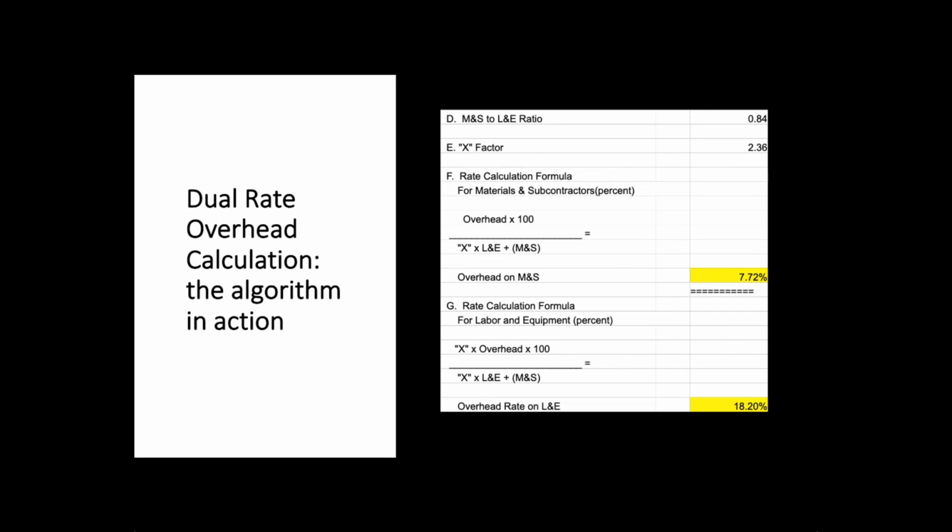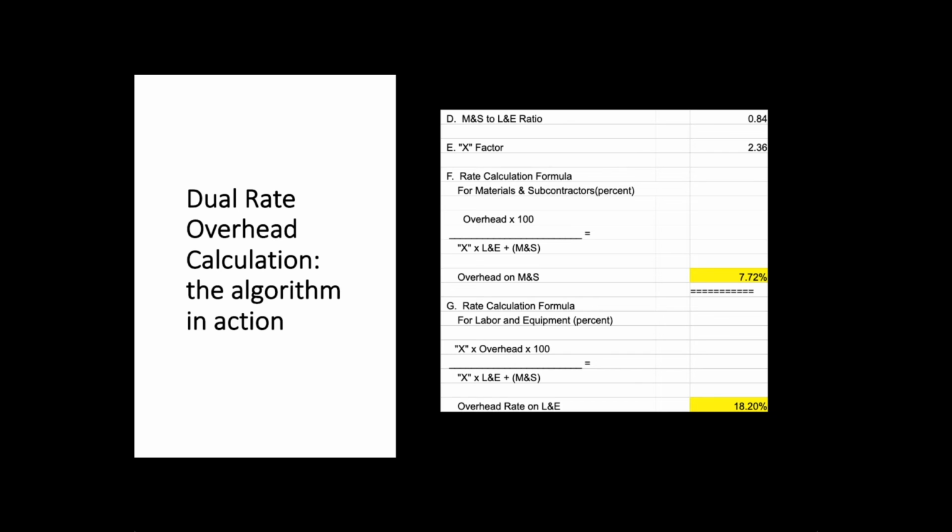The material and subcontract to labor and equipment ratio for this company is 0.84. The X factor, which is part of the algorithm, and it's something you cannot calculate without the data, is 2.36. The algorithm derives a percentage from these numbers.